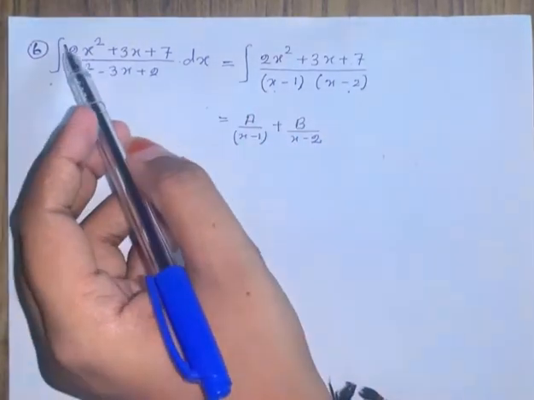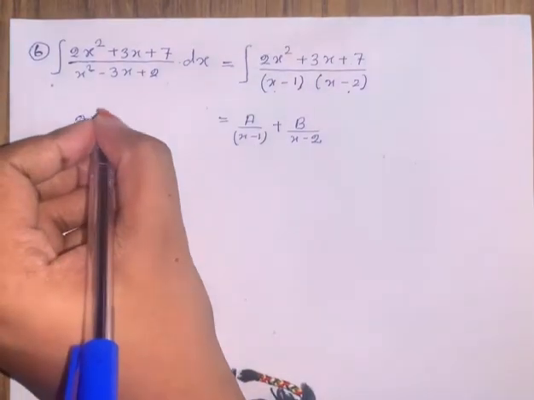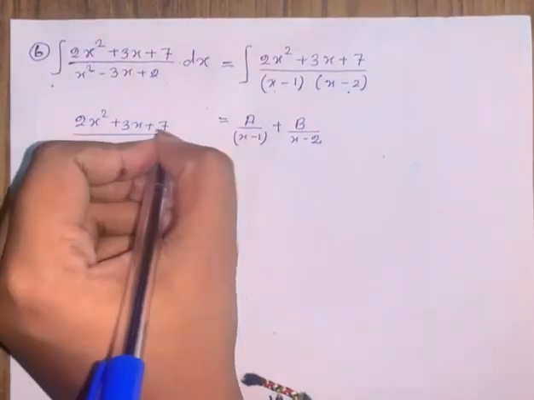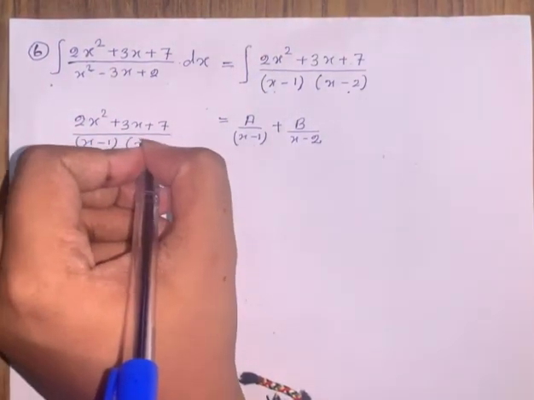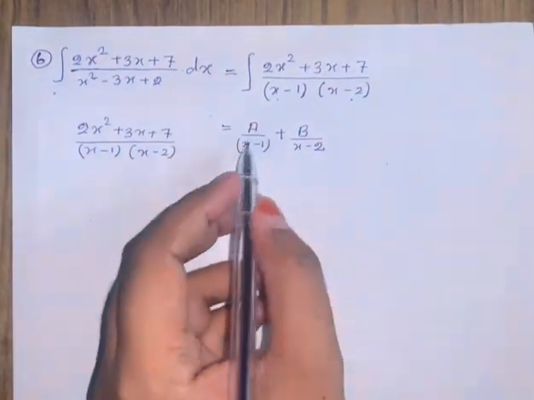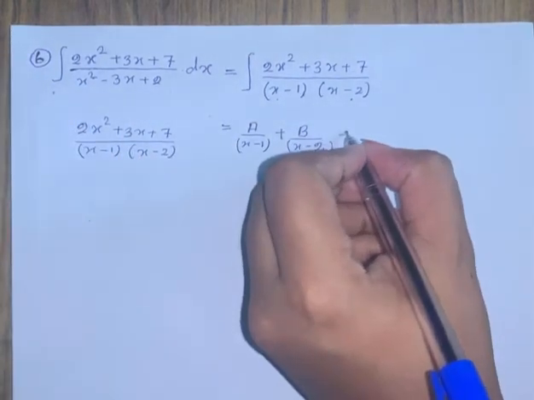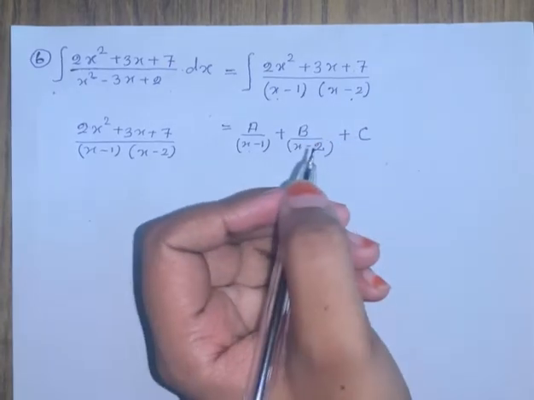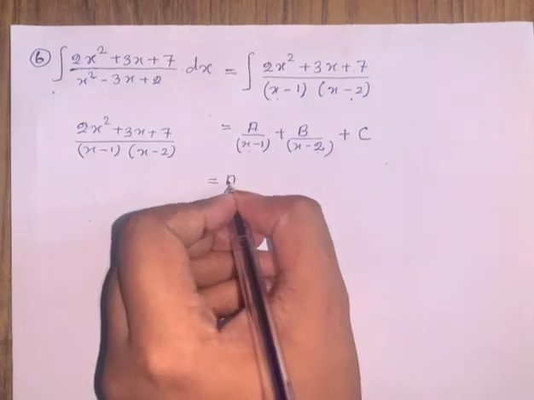If we multiply the two denominators only, we will get the x squared value. This A over x minus 1 plus B over x minus 2 won't give the form on the left side. So here we can put a constant C to get the x squared, because it can be multiplied by those two denominators.